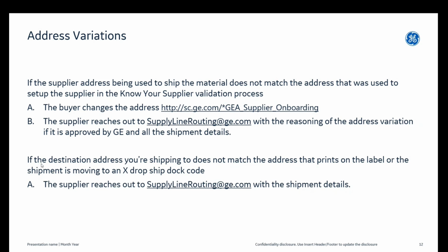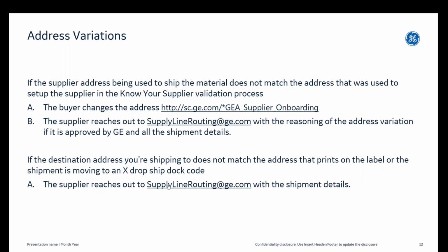Same sort of thing for that second address where we're shipping to. If the destination address does not match where the material needs to go, it should all be dot code addresses. But if there's some other scenario going on, something's up, or if you're shipping it to a dot code like 1X, that is our drop shipment dot code, there is no address that exists systemically on our side for those.